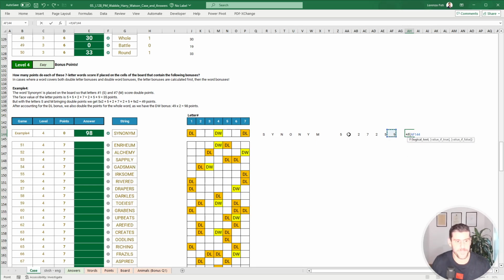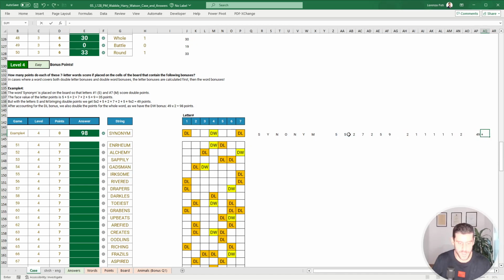So if this equals DL, so 2, otherwise 1, because I want to double, and then you do a SUMPRODUCT of this and this, and then you say COUNTIFS of this, DW, and that's it.